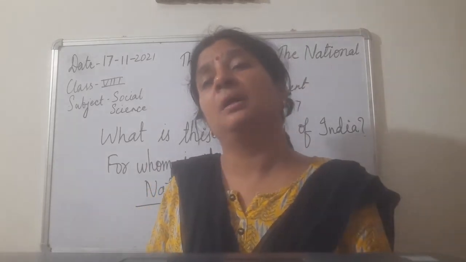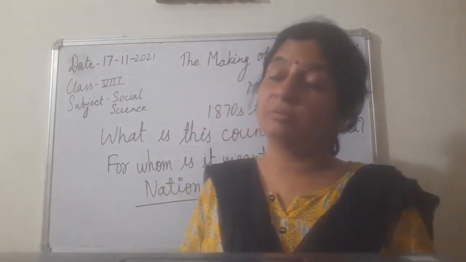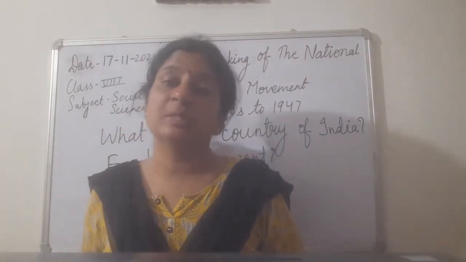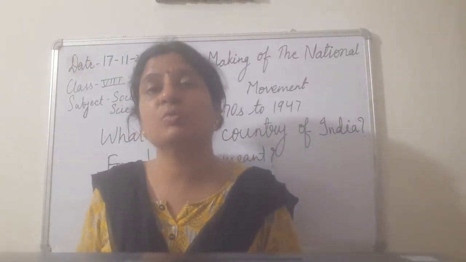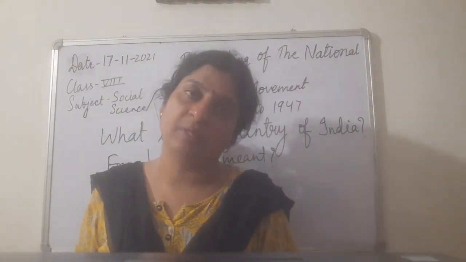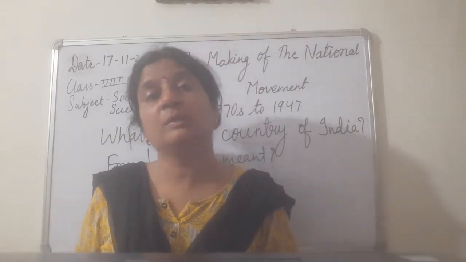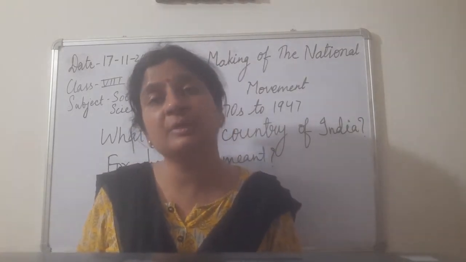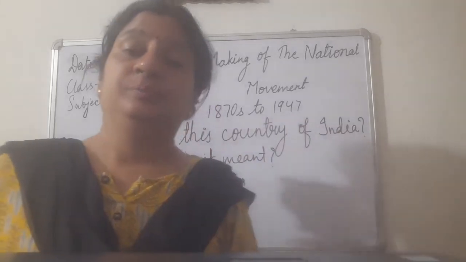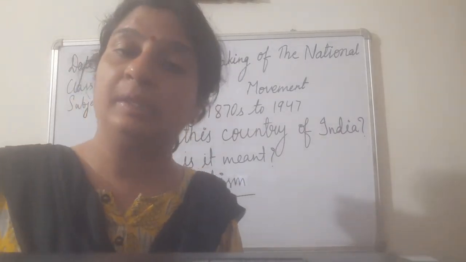So many political associations were formed, but one of the most important political associations was the Indian National Congress, which was established in December 1885, and the leaders of this Congress were English educated professionals. Okay, so we will continue with this discussion in the next class.